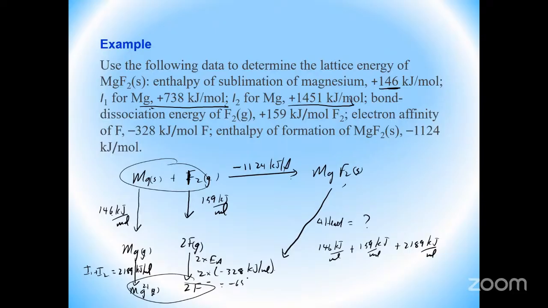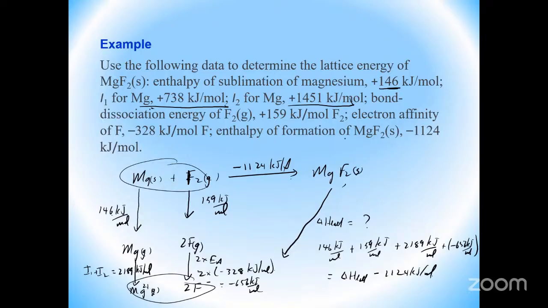Minus 656 kilojoules per mole. So that goes here, plus minus 656 kilojoules per mole. And all of that would be equal to the sum of the lattice energy, which is delta H lat, minus 1124 kilojoules per mole, right?